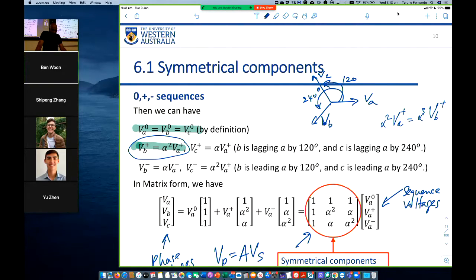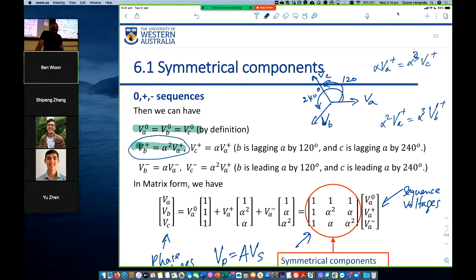And VC plus, what did we say before? VA plus must equal alpha squared VC plus, because VA plus is 240 degrees in front of VC plus. So again, if I multiply both sides by alpha, this will be alpha cubed, which is 1.